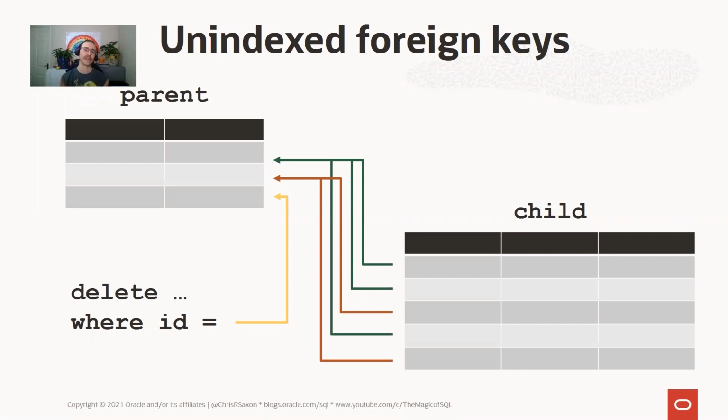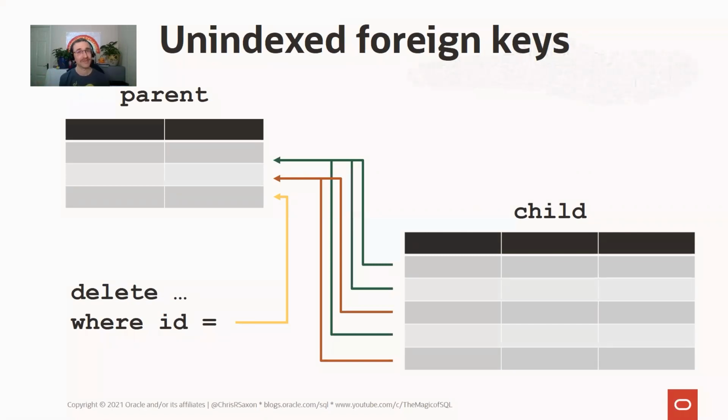But if we've got no index on the foreign key columns in the child, then how does the database know that? Well, it's got to scan through the whole table, check that there are no rows in the child table with that value.